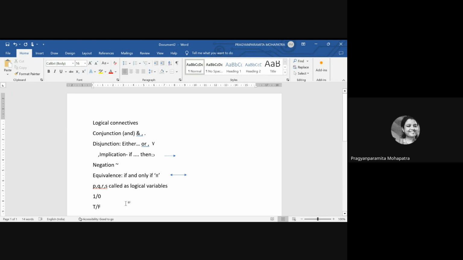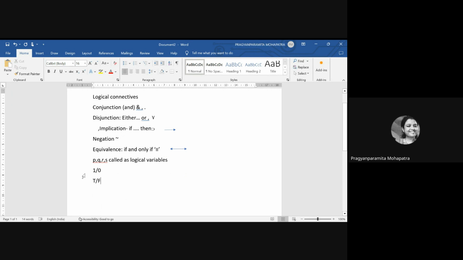Now, how can we decide the truth value of a compound statement having the logical operator conjunction? Suppose we have P as a statement and Q as a statement. Then what will be the truth value of P and Q?